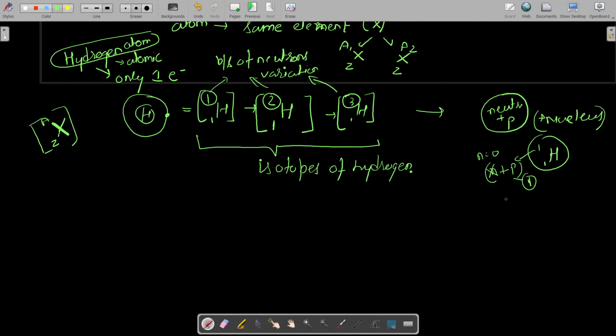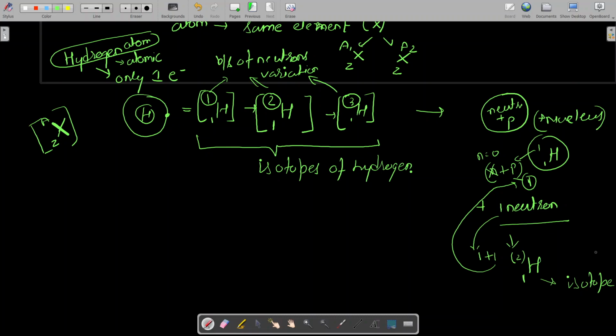If we are adding one neutron to the hydrogen atom, what will it be? The proton number is the same, that is Z is the same, and neutron plus proton is going to change. That means 1 plus 1, because that one is the neutron and this one is the previous proton. So the result is 2. Now this one is what? Isotope.